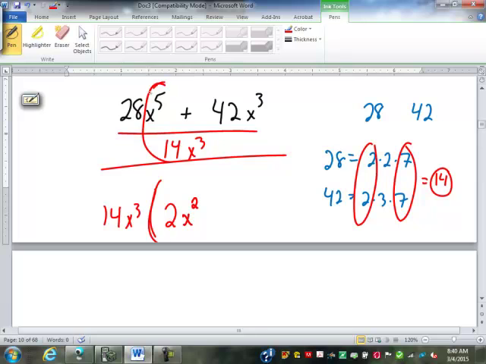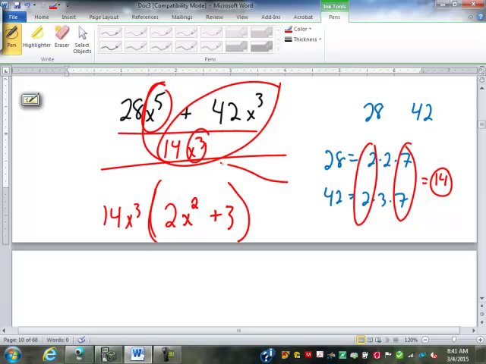X to the fifth divided by x to the third, 5 minus 3 is 2, so 2x squared. Then we've got the 42x to the third divided by 14x to the third. What's 42 divided by 14? 3, so that's positive 3. X to the third divided by x to the third cancels out. So there it is, 14x to the third times 2x squared plus 3.